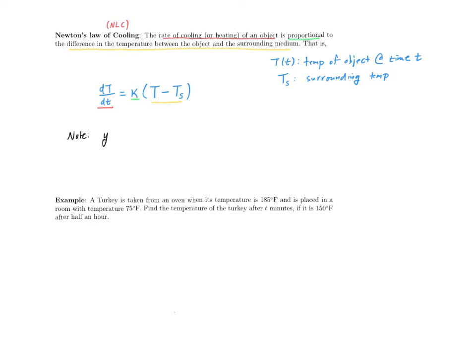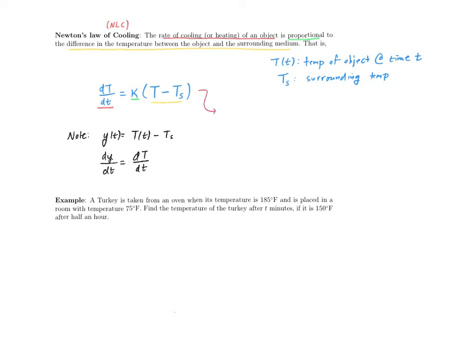If I let y of t represent T of t minus T sub s. So T sub s is a constant. Big T of little t is a function that depends upon t. If we differentiate both sides, we would have dy/dt is dT/dt.